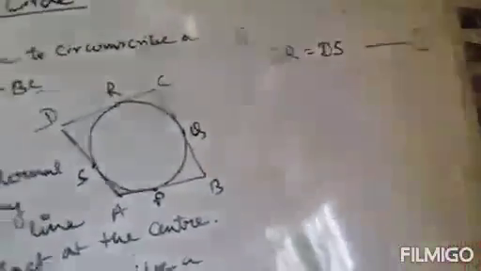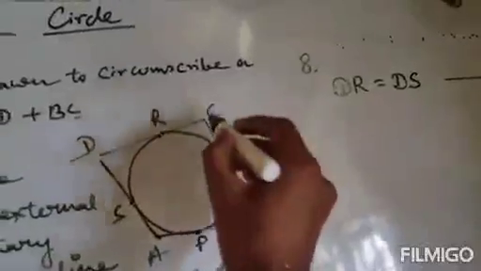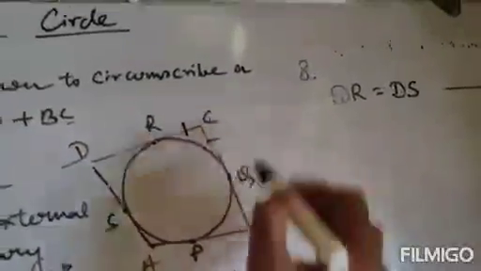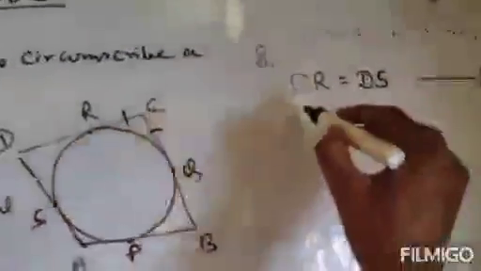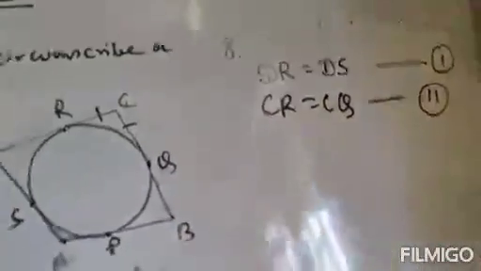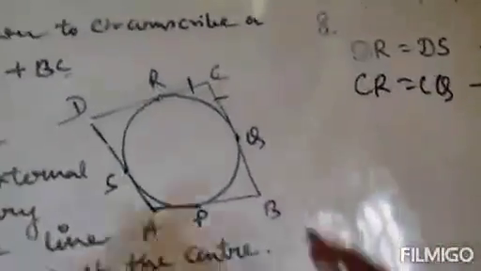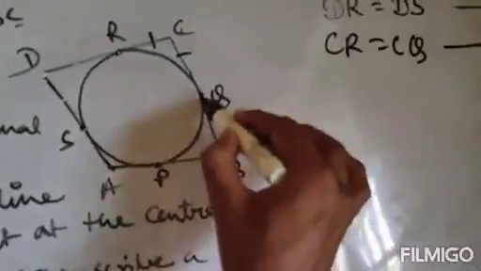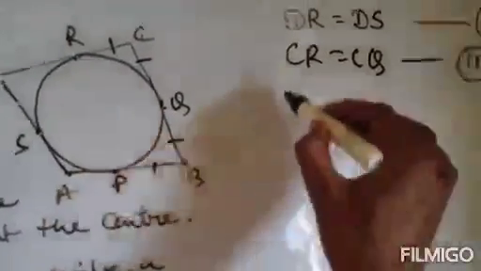Next, C is also an external point. So CR is a tangent, CQ is a tangent. That means CR will be equal to CQ. The reason is the same. Also B is an external point, so BQ will be equal to BP.